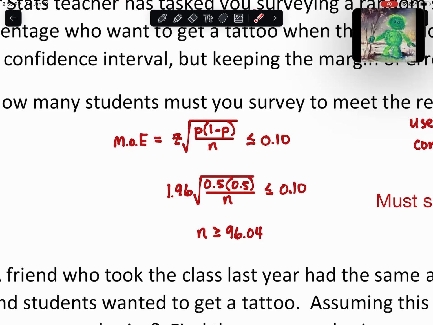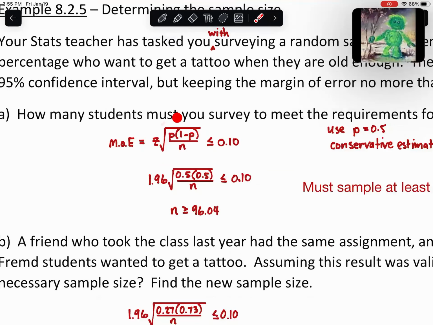This problem's from 8.2. It's a proportion problem. So this expression right here is the margin of error for the proportion problems. I see Z. I see a sample standard deviation for proportions. We want this margin of error to be less than or equal to 0.1. I'm going to write that down right away. That's our goal here.